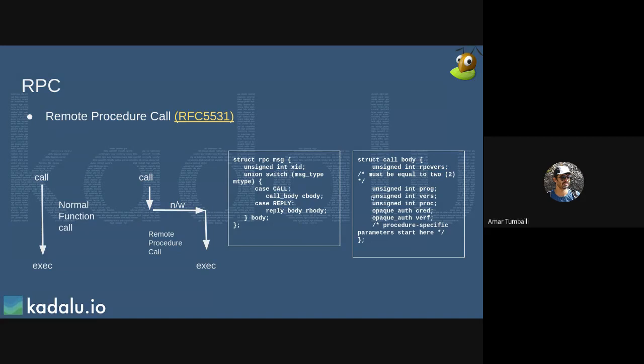I believe you are all initiated with C now, because Gluster FS is in C. This is how the structure looks. The call body first has the RPC version, hard-coded to 2 today because RPC everywhere is version 2. Then there is a program number, a version for the program, and then a procedure number. This is critical for us to understand which actor or procedure to call on the remote machine.